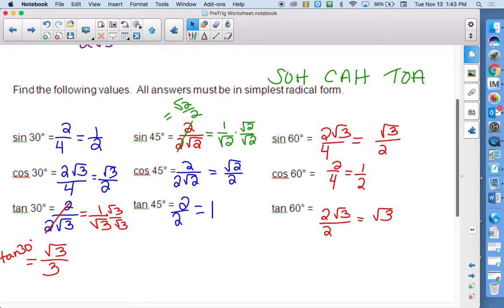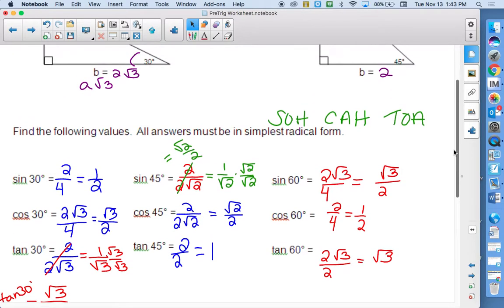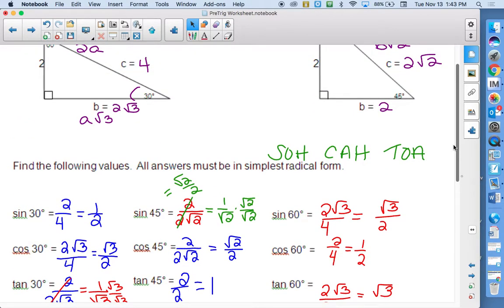So do you think these values would change if we changed the numbers in the triangle? No. Every sine of 30 degrees will always be a half. It doesn't matter that I make this a 4, this becomes an 8, because 4/8 is still 1/2.